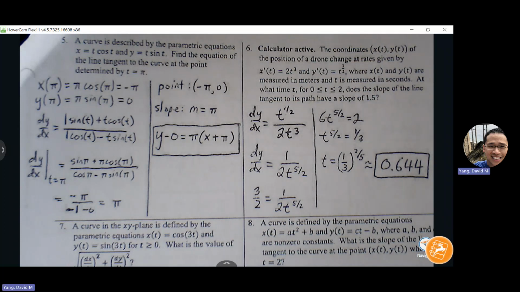To find x prime and y prime, we do have to go through product rule for both. F prime g plus f g prime to get to y prime, and then f prime g plus f g prime to get to x prime. Once you have your derivative spelled out, replace all the t's with pi, and we should be able to get our slope all the way down to pi.